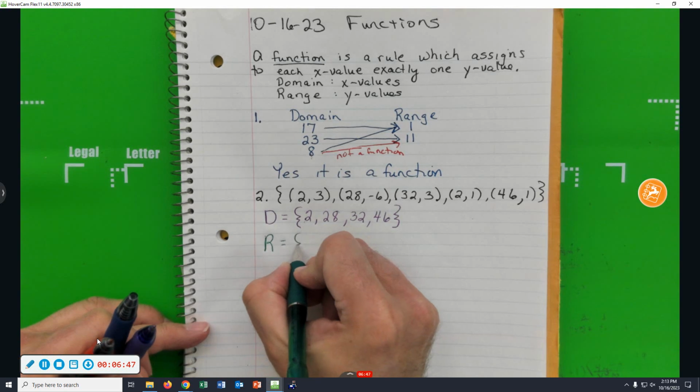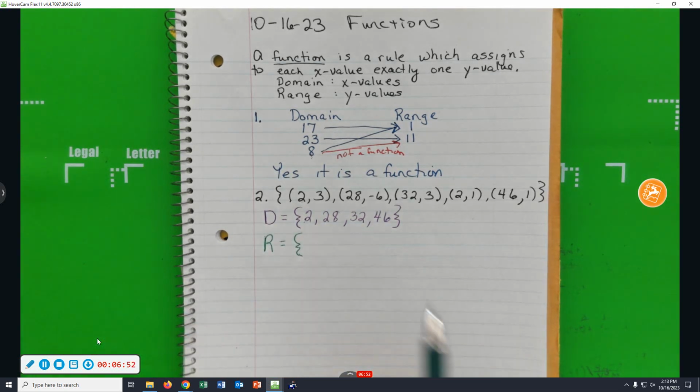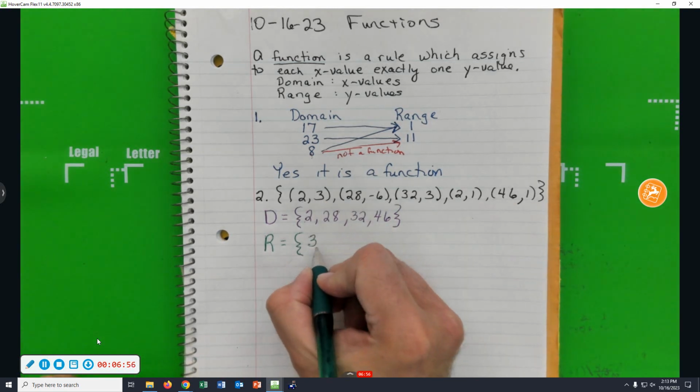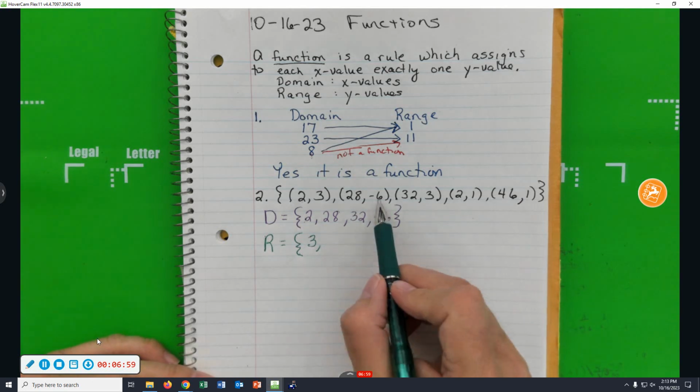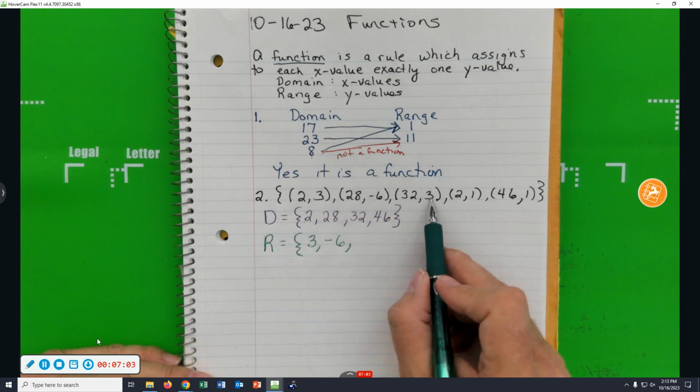Let me go ahead and write domain and range, and then you can type those in. Range: same instructions, don't repeat, write them only once. What are the y values here? 3, and then what? Negative 6, 1.